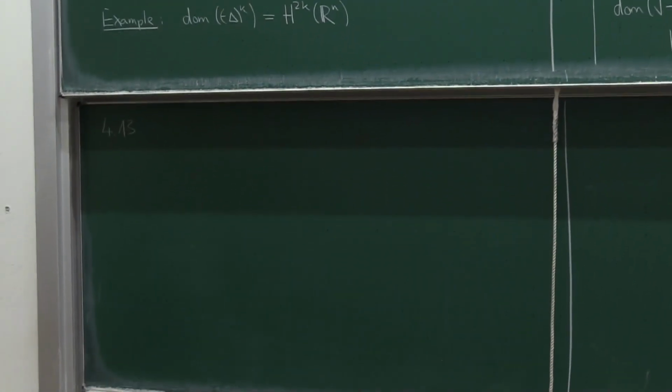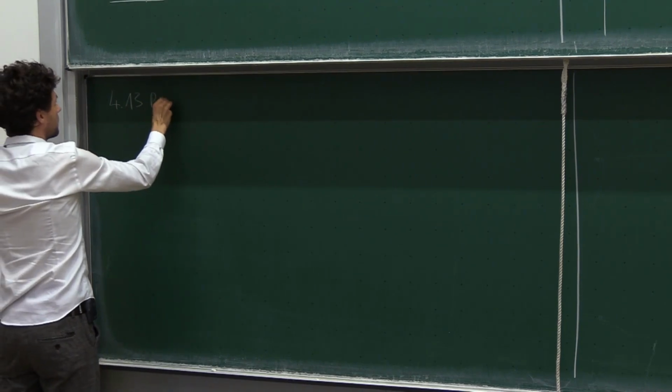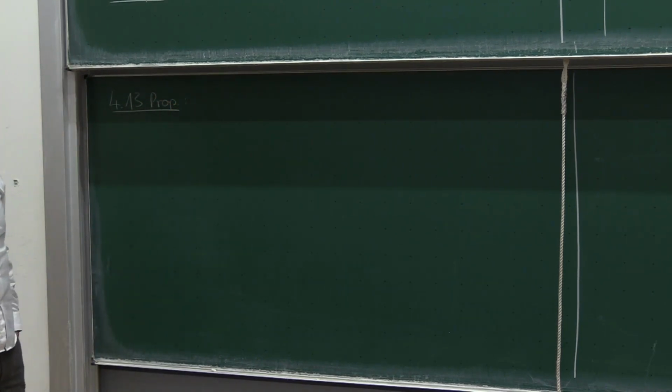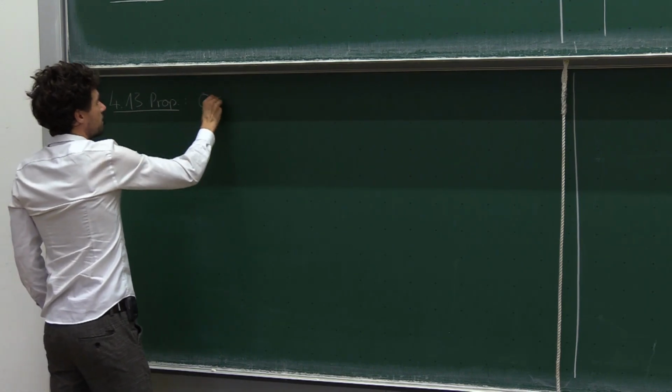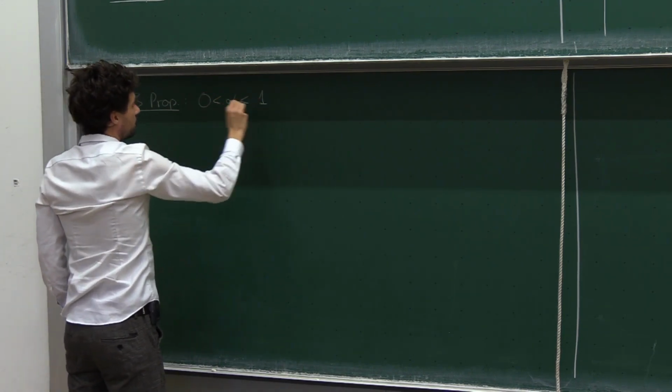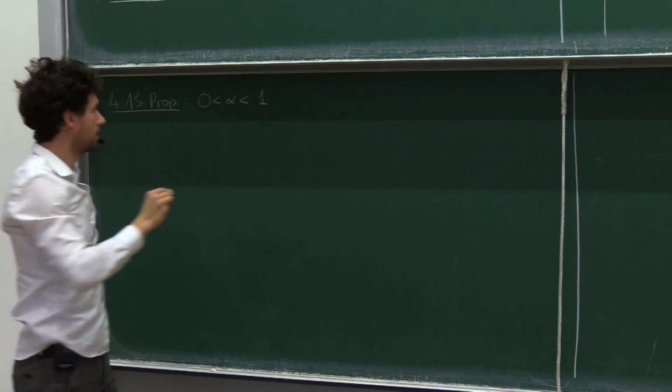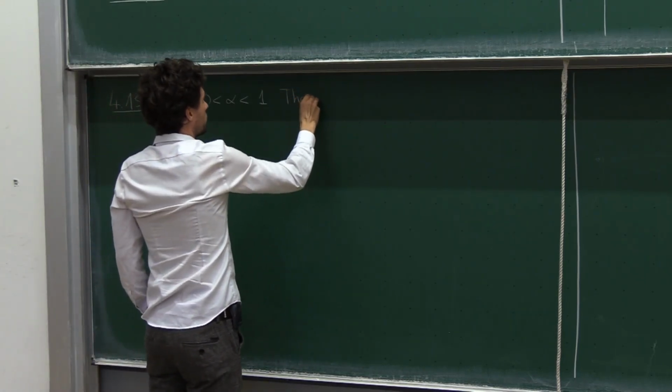And let me write down the result first, and then interpret it in a suitable way, hopefully. Okay, so I'm going to do the case that alpha is between 0 and 1. And I claim that the following is true.